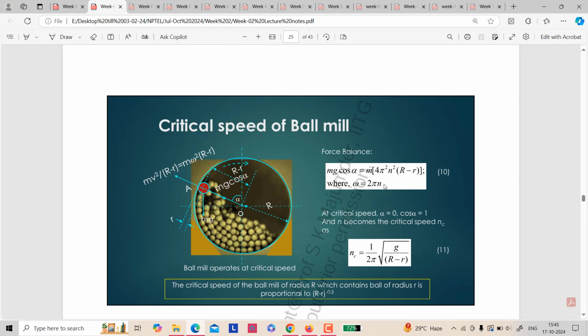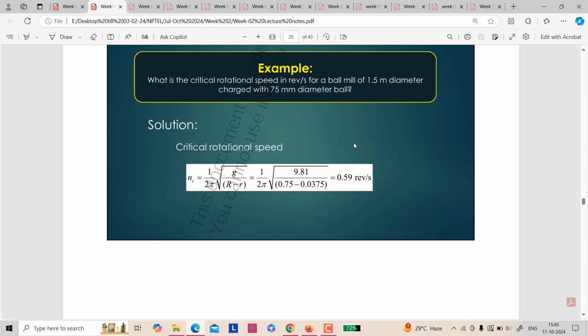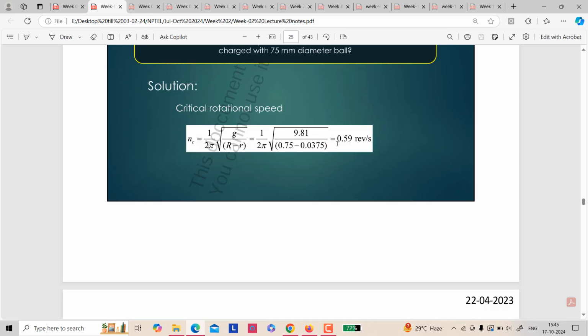This derivation is also done, of how the critical speed of the ball mill is calculated. I think you remember. If you forget, just go through the lectures, and some problems are done.